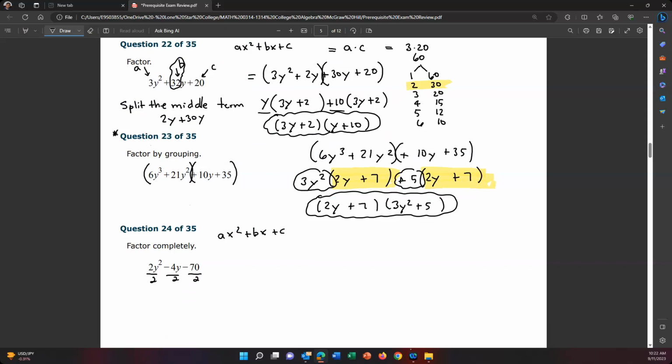So before I get started, I am going to factor out a 2, before I get this show on the road.